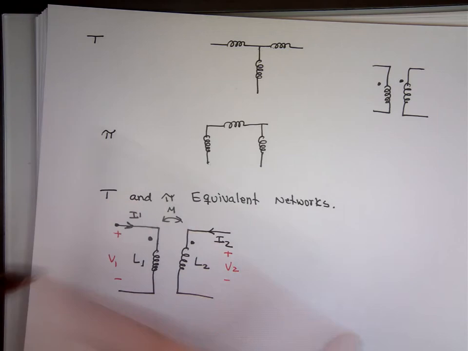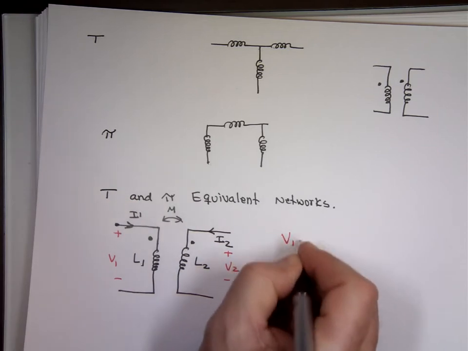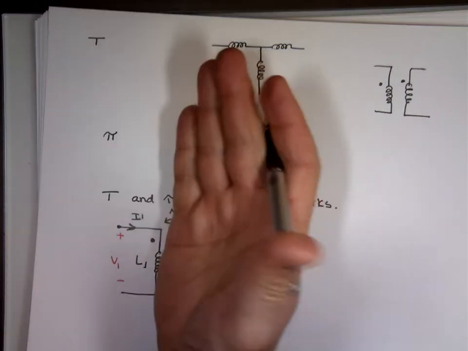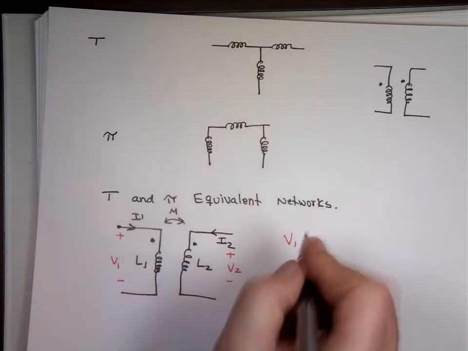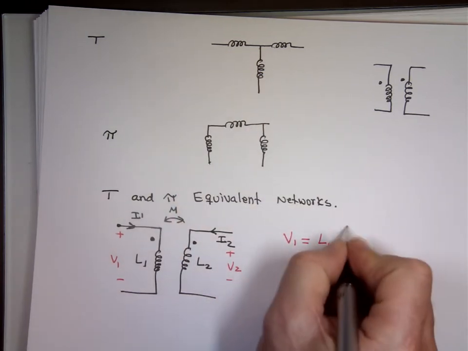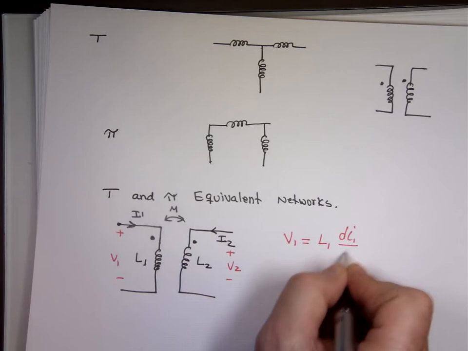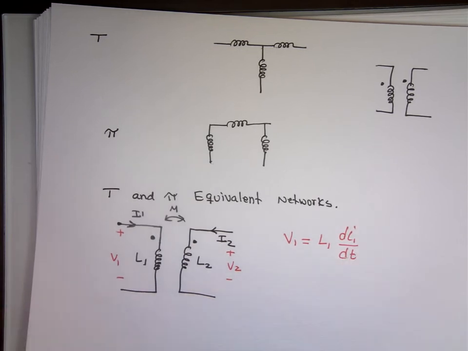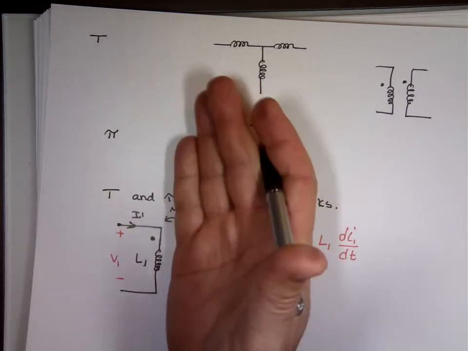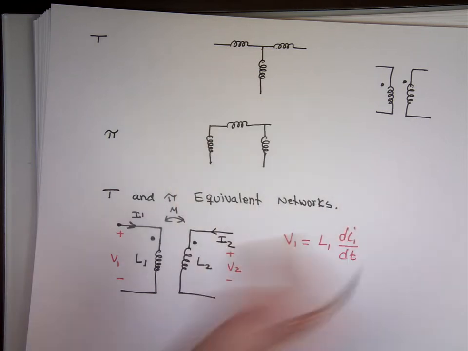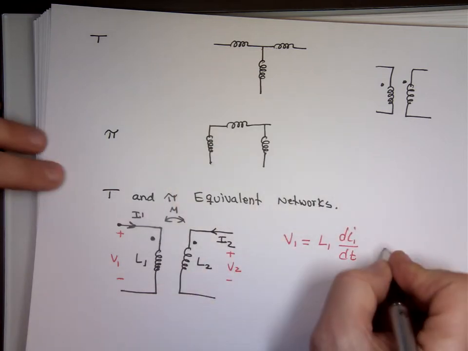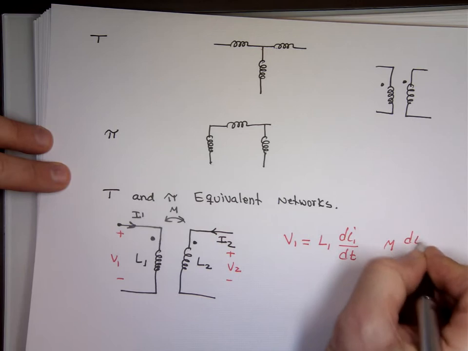If I was to find V1, let's not pay attention to this first. It's L1 times di1 dt, if I didn't have that piece here. But having that piece, there's a mutual inductance, di2 dt.